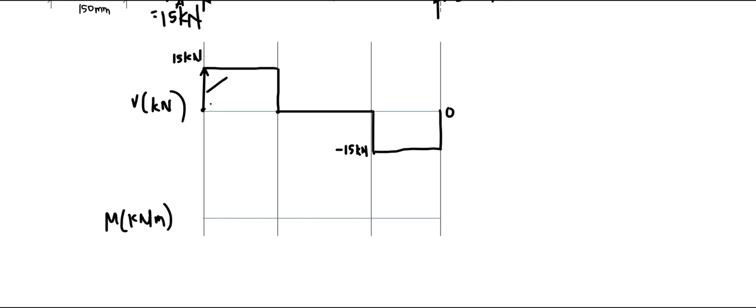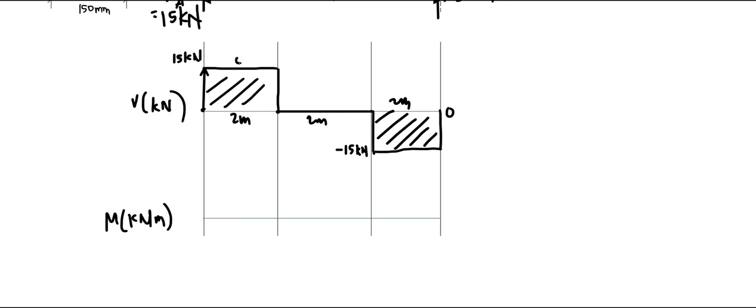For the moment diagram, we need to solve for the area of this shear and the length between each segment, that is 2 meters. So to calculate for the moment, that is just the area of the shear diagram. So 15 times 2 meters, that is equal to 30 kilonewton meters.